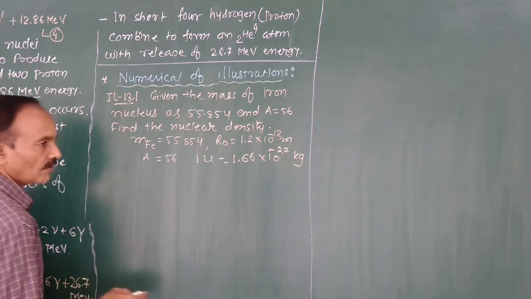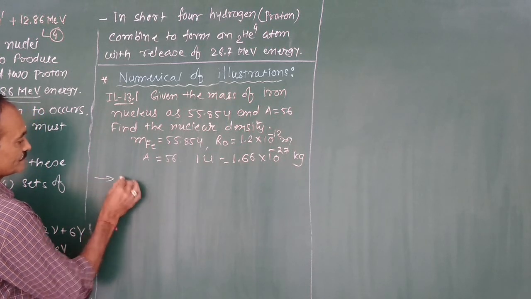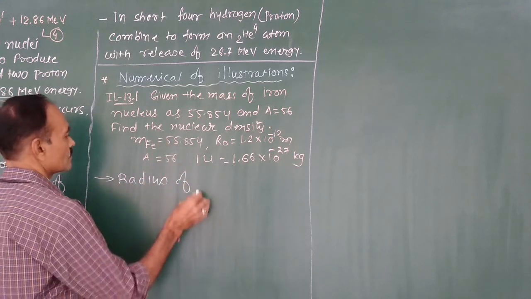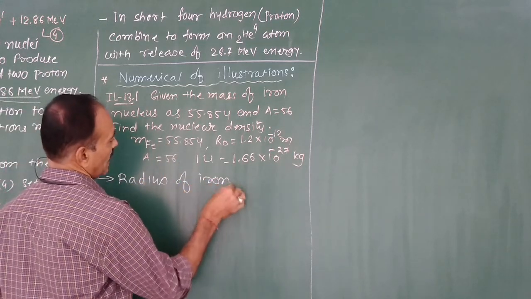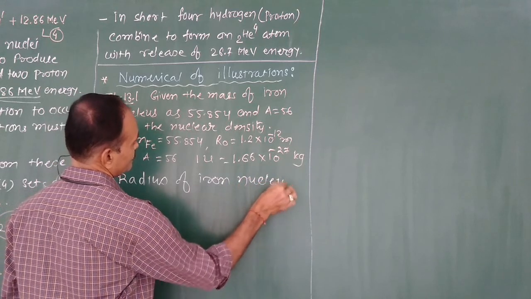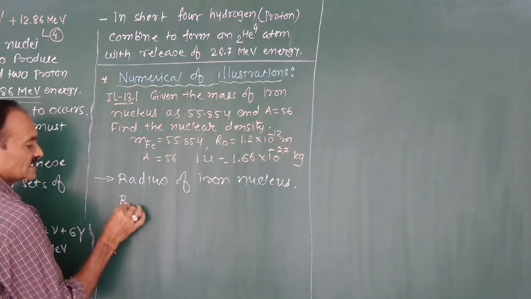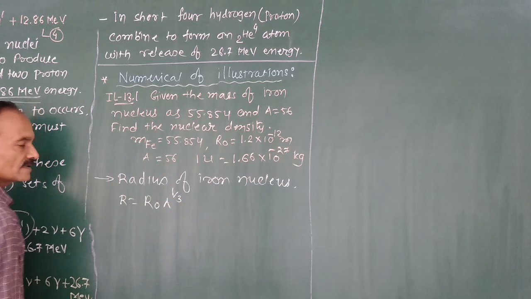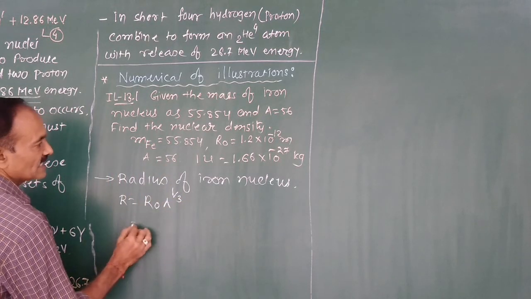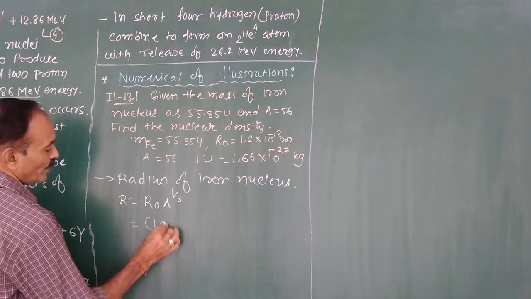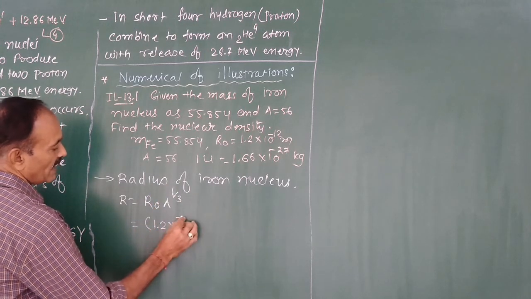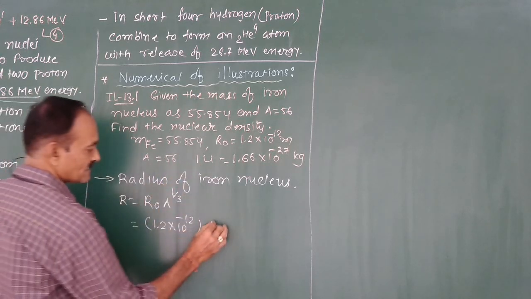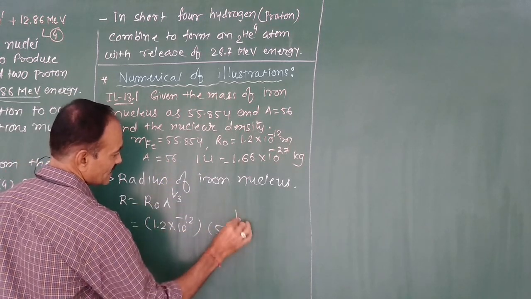Therefore, radius of the iron nucleus, R is equal to R0 A raised to 1/3. Here we substitute the value R0 is 1.2 into 10 raised to minus 15, A atomic mass number 56 raised to 1/3.